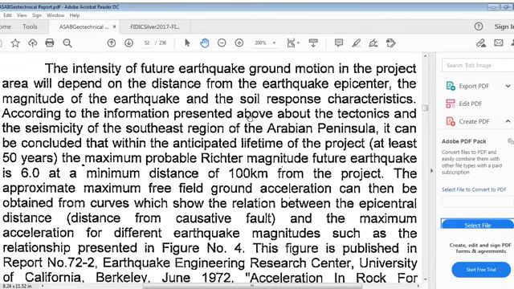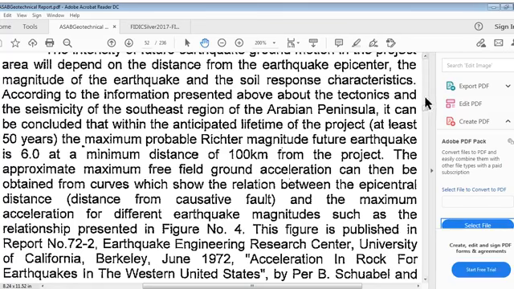According to the information presented above on tectonics and seismicity of the southeast region of the Arabian Peninsula, it can be concluded that within the anticipated lifetime of the project, at least 50 years, let us say they are keeping a life cycle of 50 years, so let us add 20 more years to that.